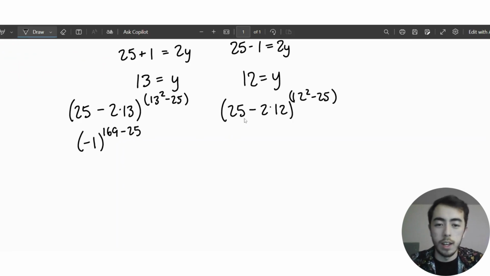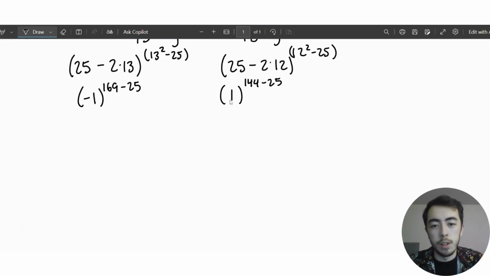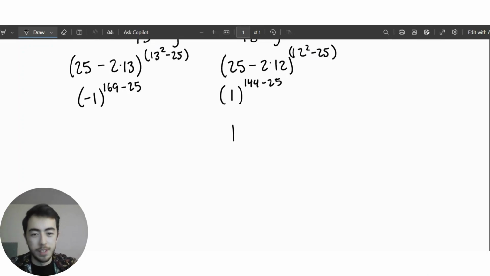I'll do the right hand over here as well. Here's the base of 1. That's 25 minus 24. And 12 squared is 144 minus 25. So on this right side, clearly, like I said earlier, 1 to any exponent is just going to be 1. It's like I have 1 multiplied to itself a bajillion times. Okay, that was an exaggeration. 144 minus 25 is 119.